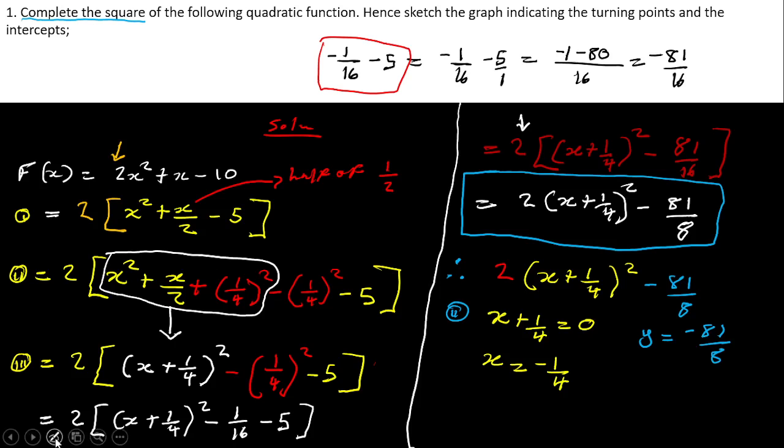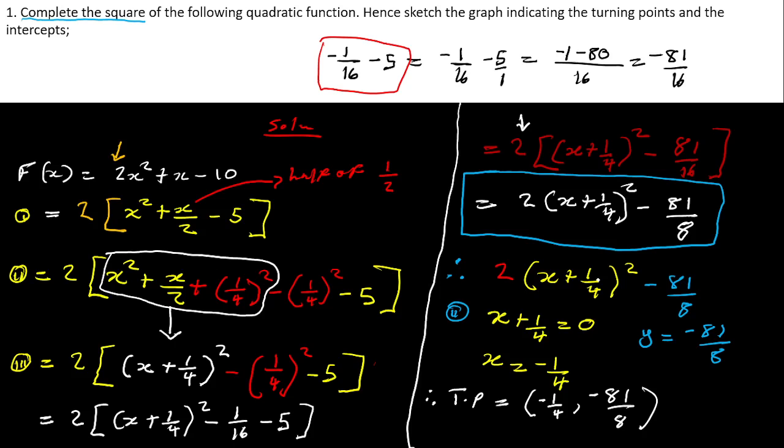With that in mind, you can now write down the turning point, the TP, which is simply equal to open bracket, the x coordinate, negative 1 over 4, comma, the y coordinate, negative 81 over 8. This is how you can easily find the turning point after you do the complete the square method.